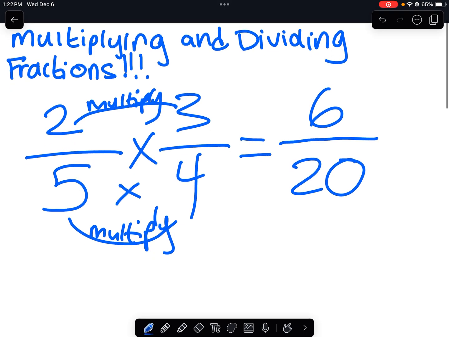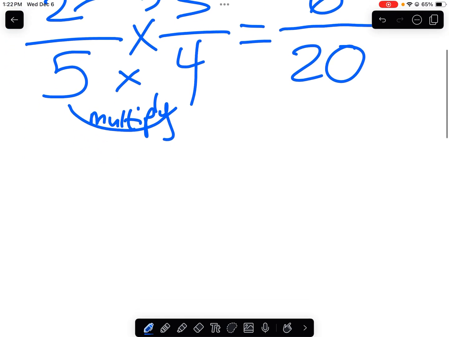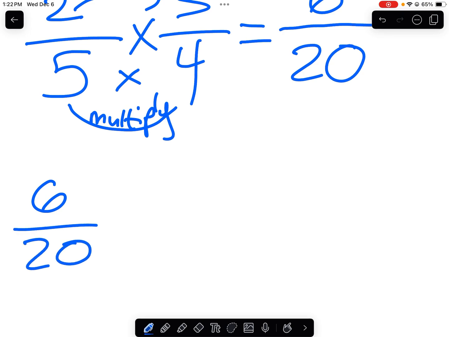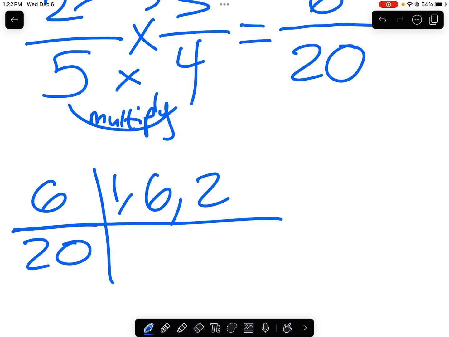And if you're in the mood to simplify the fraction, well, let's see if we remember how to do that. We've got 6/20. And then what I do is I often just write down the factors that come to my head. For 6, we know it's 1, 6, 2, 3. That's because 1 times 6 is 6, 2 times 3 is 6.